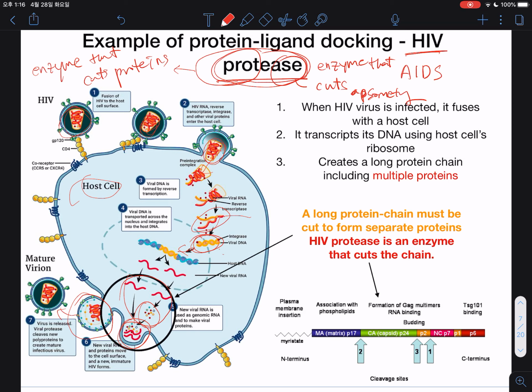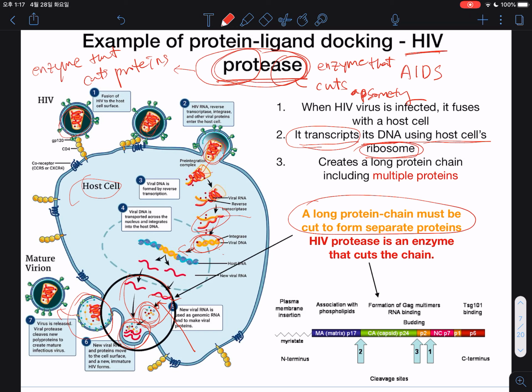So usually the HIV virus transcribes its DNA using the host cell's ribosomes. Once the long protein chain is formed, it is cut into several pieces. A long protein chain must be cut to form separate, functioning proteins.